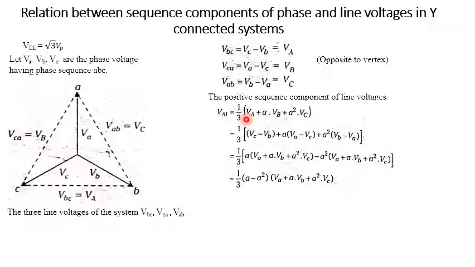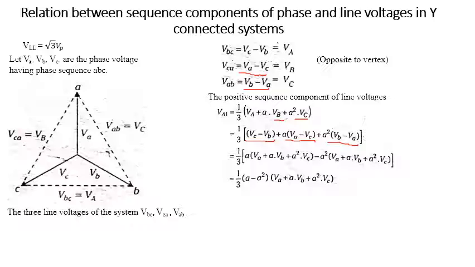Then VA can be written as VBC, and VBC is nothing but VC minus VB. Then A into, VB can be written as VA minus VC. Similarly, for A square, VC can be written as VB minus VA. We are just substituting this.